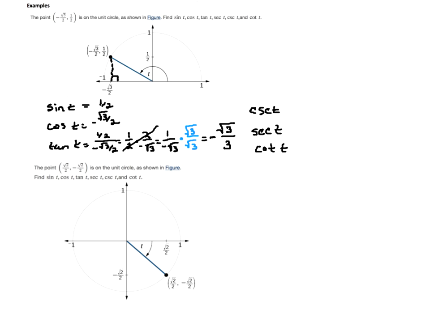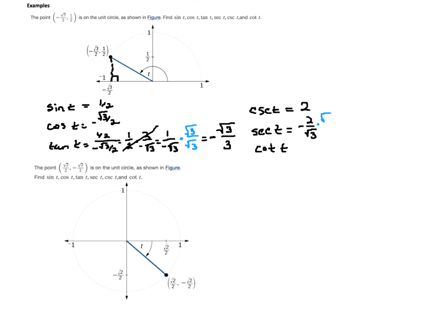Now to get the cosecant, secant, and cotangent, all we have to do is give the reciprocal of their reciprocal function. So the cosecant of t is the reciprocal of 1/2, which is just 2. The secant of t is the reciprocal of negative square root 3 over 2, so negative 2 over the square root of 3, which I need to rationalize.